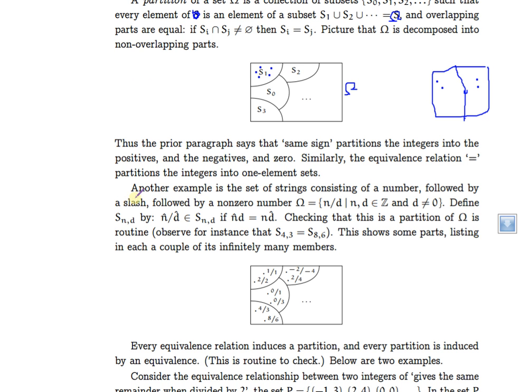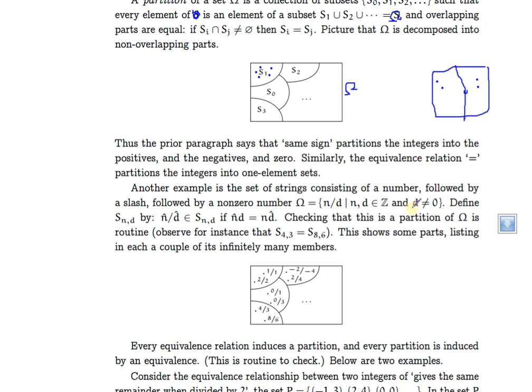Let's look at this example. Omega is the set of strings consisting of a number followed by a slash followed by a non-zero number. So here we have omega is equal to n/d, where n is an integer and d is a non-zero number.